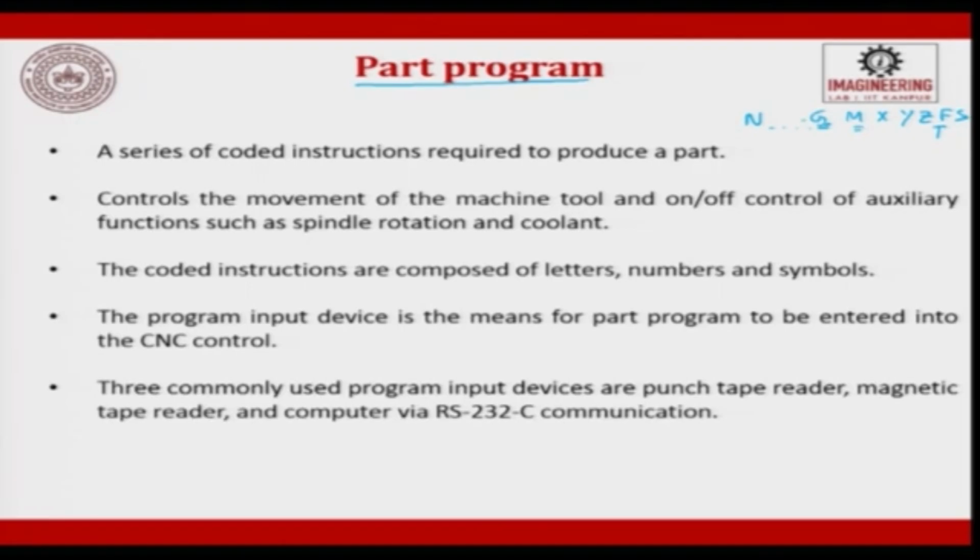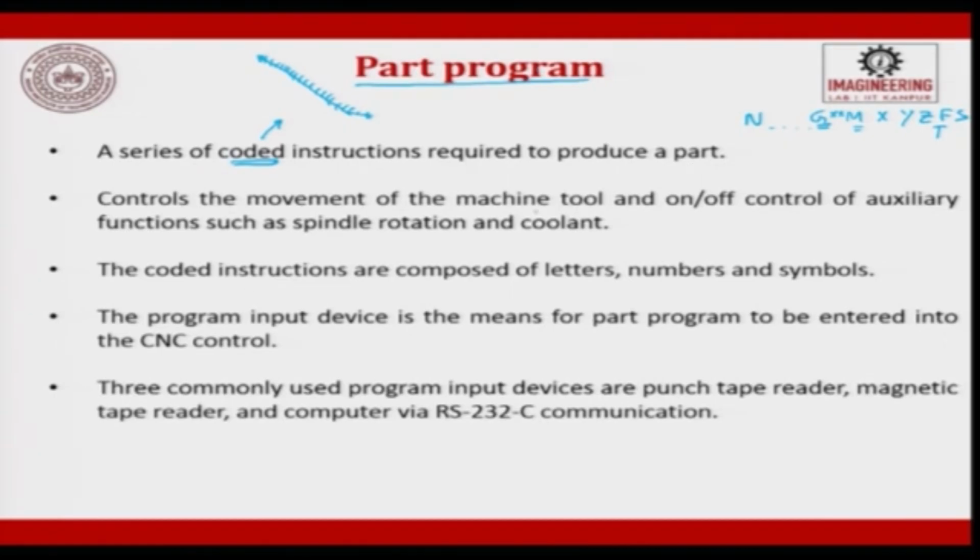Each letter has its own specific function, then it will be followed by a number and then you will have symbols. A series of coded instructions. For example, if you wanted to move from one point to the other, you will draw a line and the intermediate points are called interpolation. So, this is nothing but coded information. That is what we said: a series of coded instructions required to produce a part is part programming.